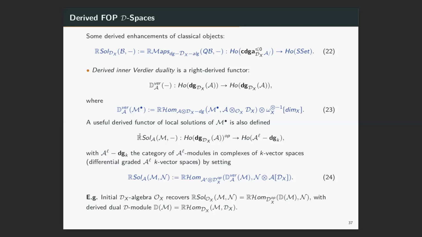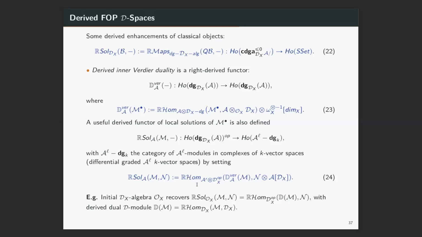And you have also a local solution functor. This is defined entirely analogously to R sol between D-modules. But now we have some different interplay between the left and rights.